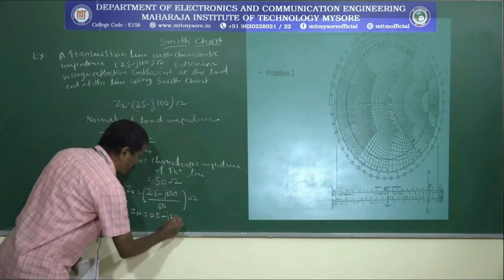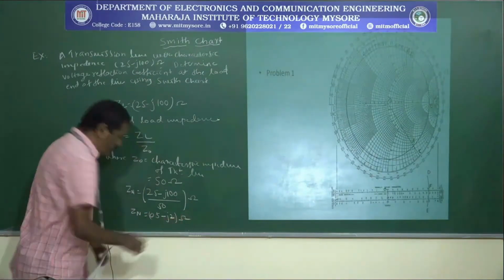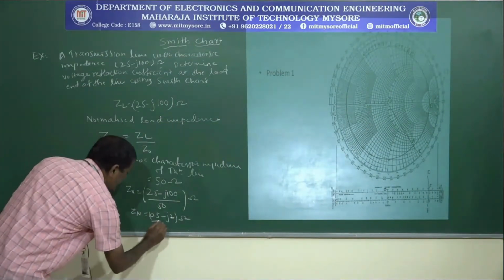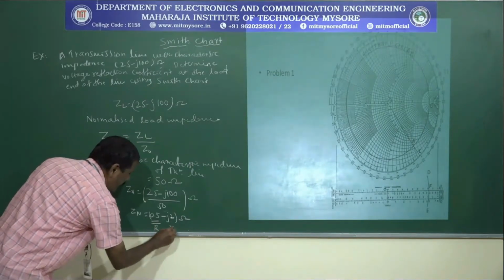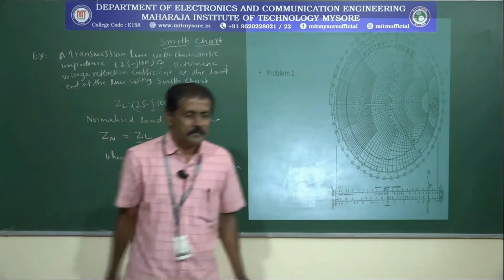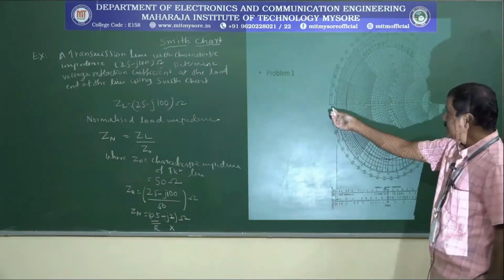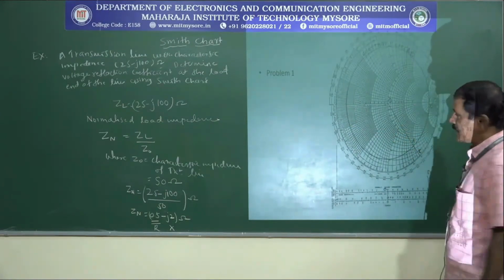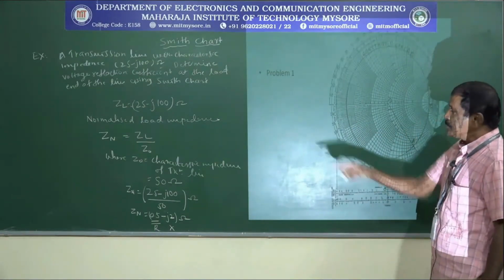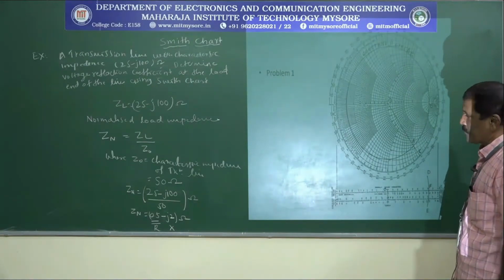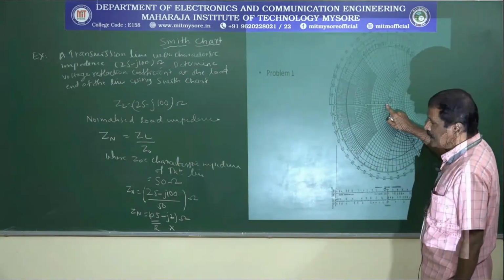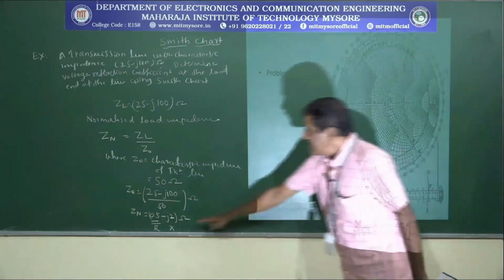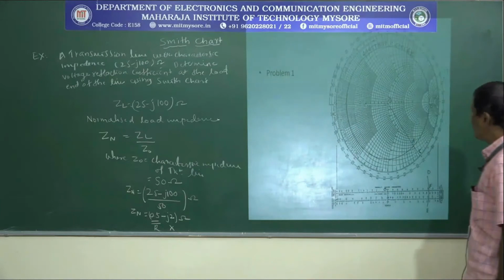Now you have to mark this normalized load impedance on the chart. This is my resistive component and this is my reactive component. To mark it, first take the resistive component along this horizontal line and see where 0.5 has been marked, and then along this imaginary axis, see where 2 has been marked.